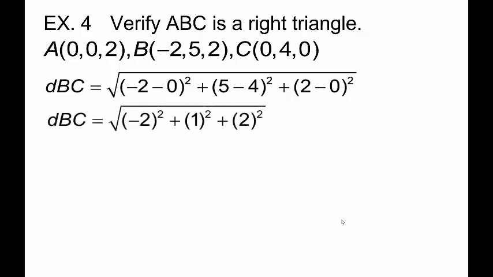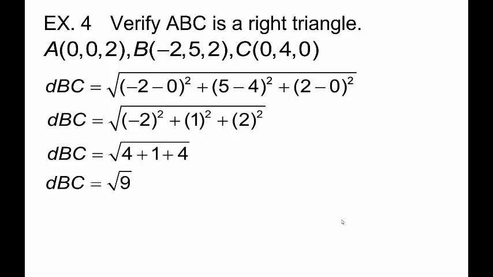So this is going to be the square root of negative 2 squared plus 1 squared plus 2 squared. So the square root of 4 plus 1 plus 4 will simplify to the square root of 9. And again, I'm going to leave it as the square root of 9.